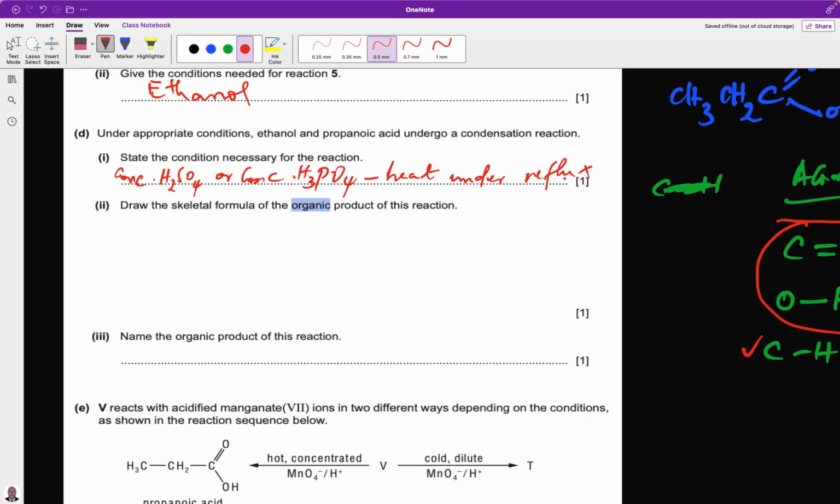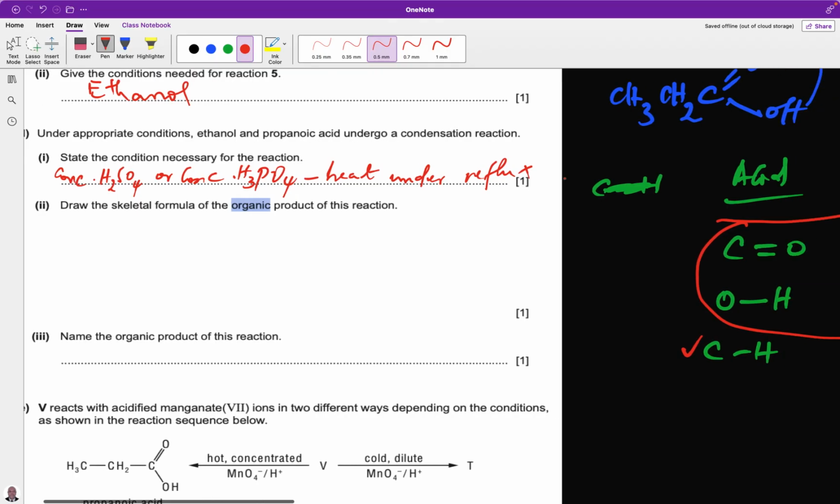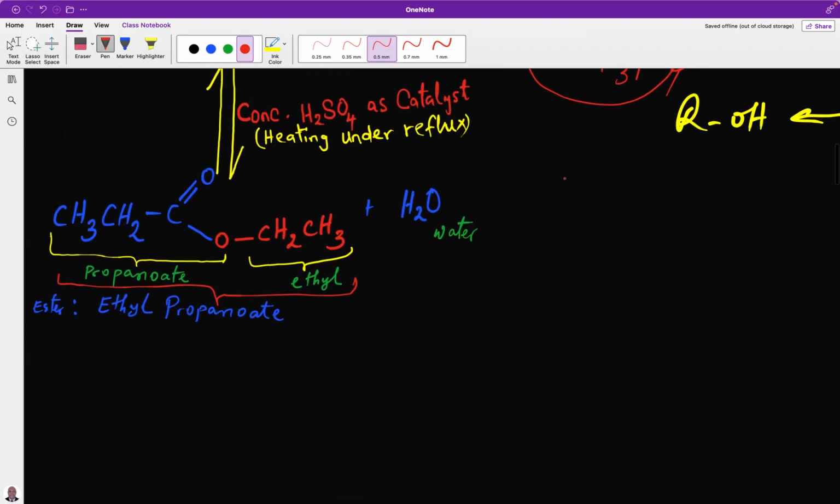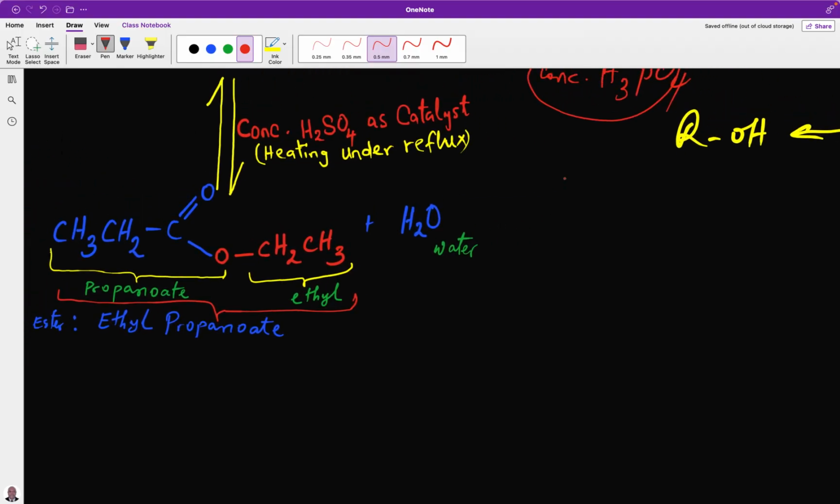Now they say, okay, from our structure here, the second part of it is: draw the skeletal formula of the organic product of this reaction. Let's go back to our reaction here. This is our reaction product that we have got.